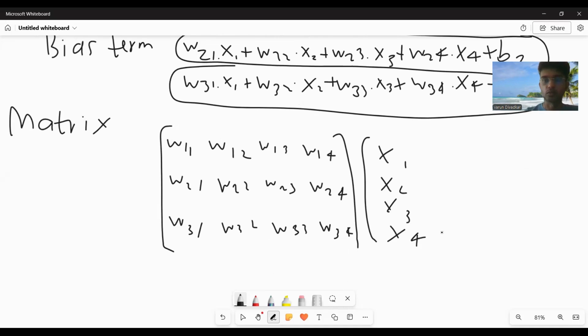No, I think it's already transposed. The number of columns in this matrix, which is 4, equals the number of rows in this vector, which is 4. So it's conformable for multiplication.